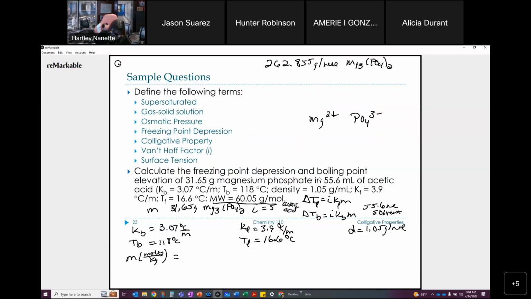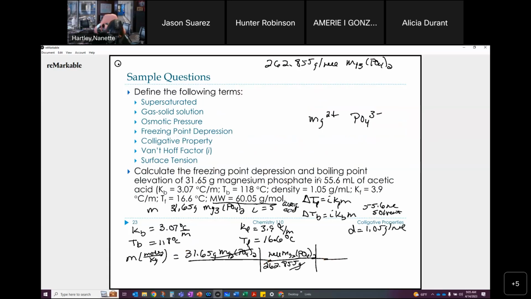So I have 31.65 grams of Mg3(PO4)2. I divide that by the molecular weight, which is 262.855 grams per mole of Mg3(PO4)2. It gets rid of my grams and leaves me with moles of that material.